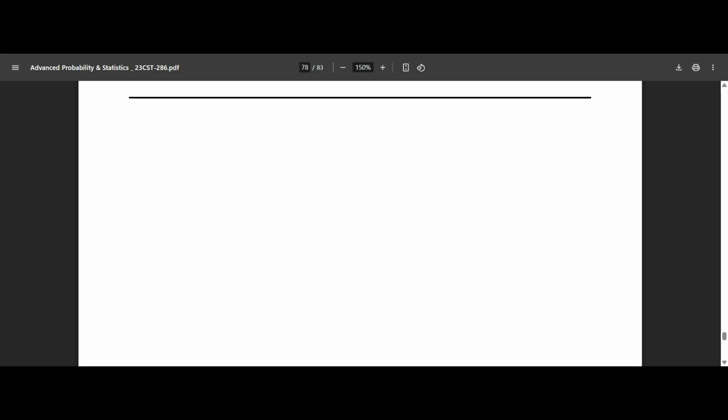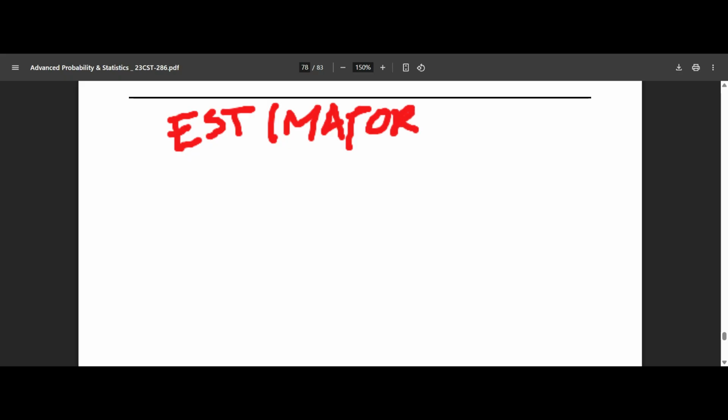So with this, we come to the end of unit 3. Here we learned about estimators and their properties, that is unbiasedness, consistency, sufficiency, efficiency, completeness.